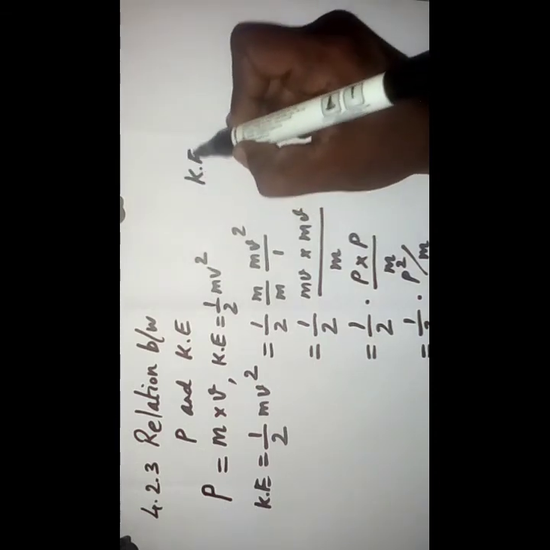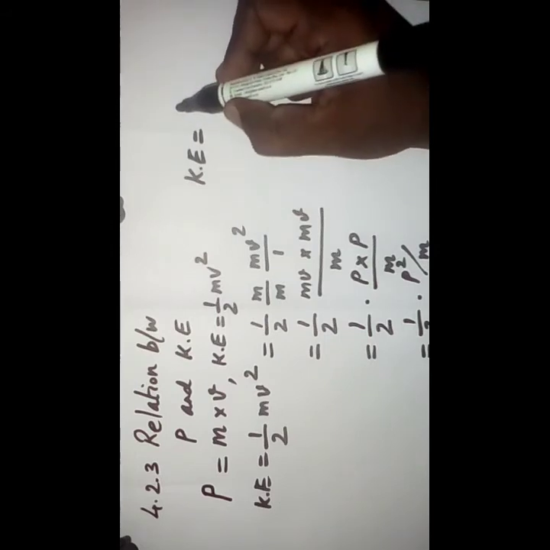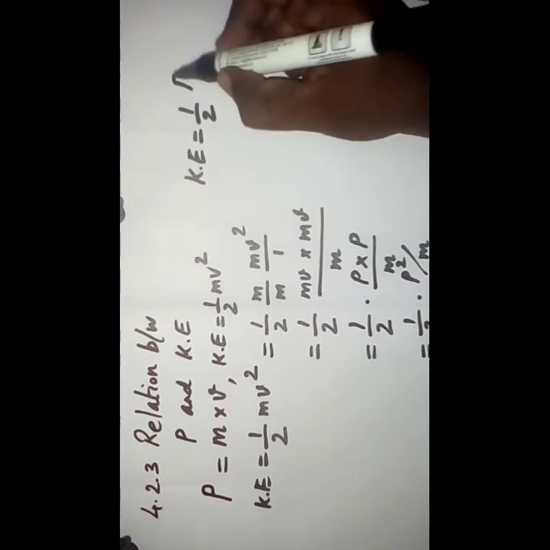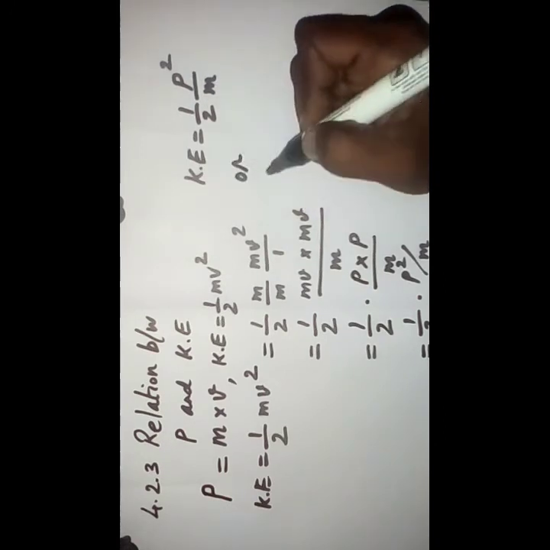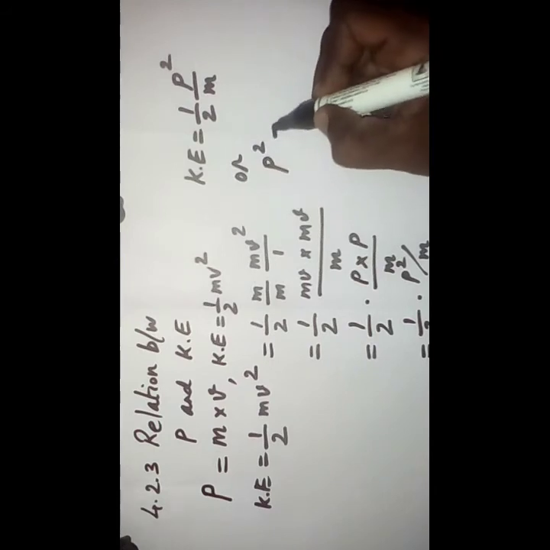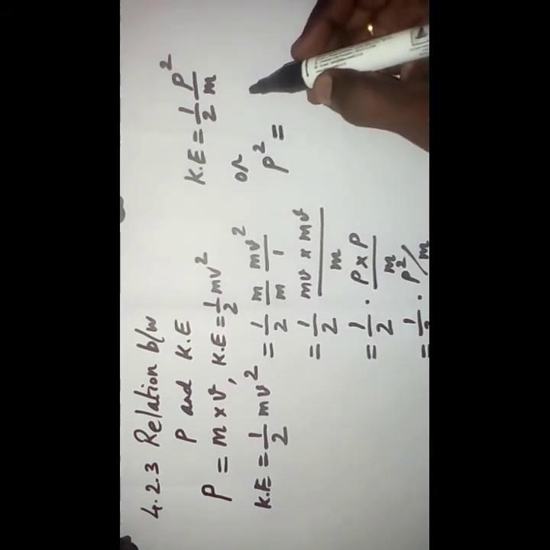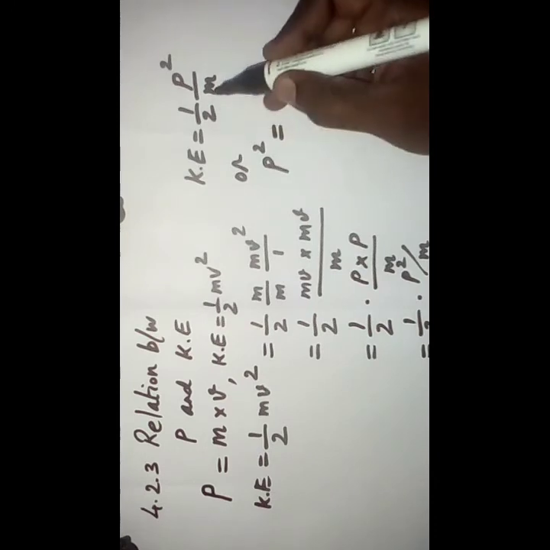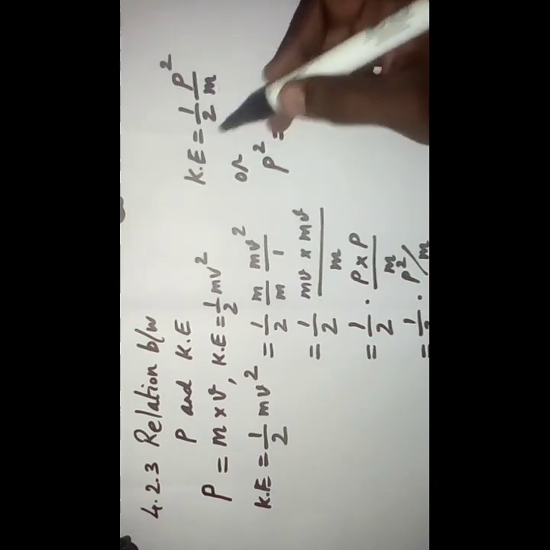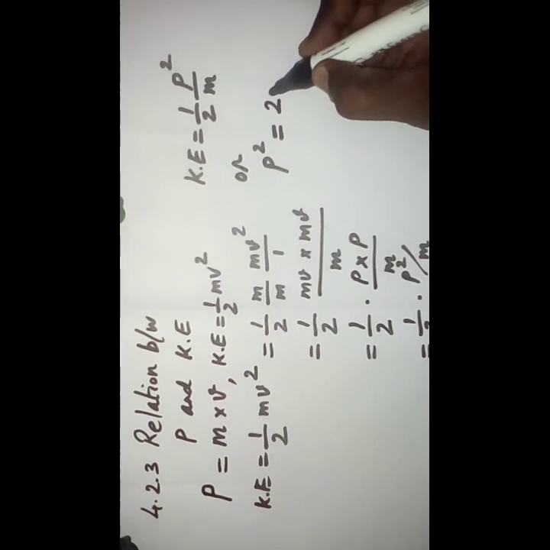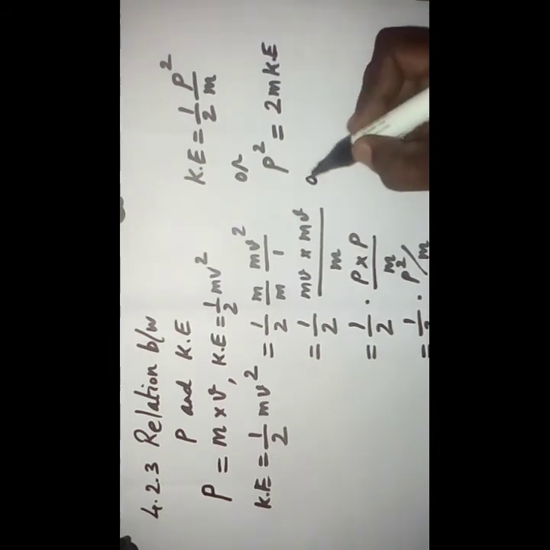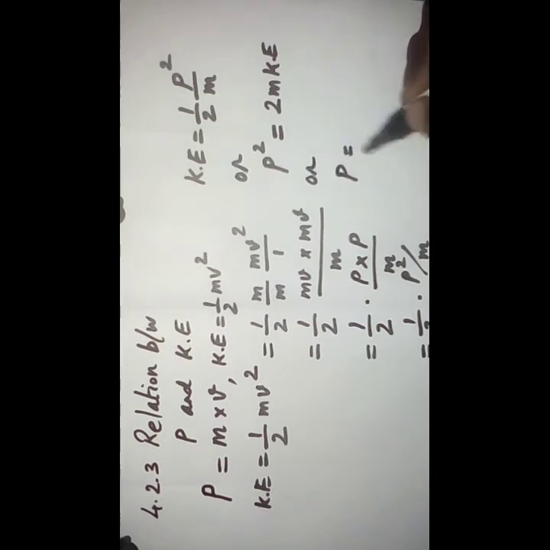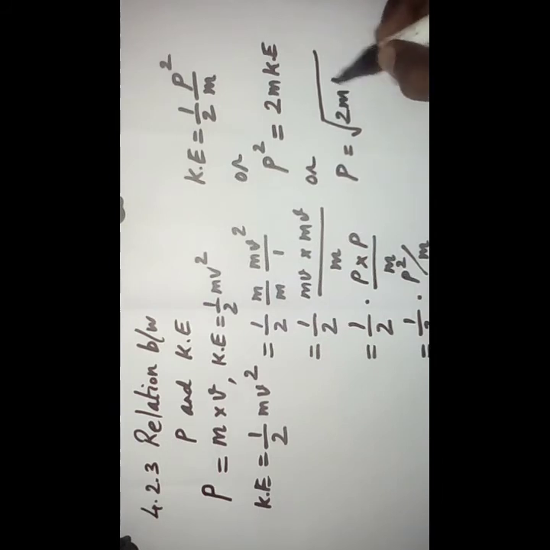We get kinetic energy is equal to 1 by 2 P square by m, or I can write P square is equal to, just bring this 2m to left, so 2m Ke, or you can write P is equal to square root of 2m Ke.